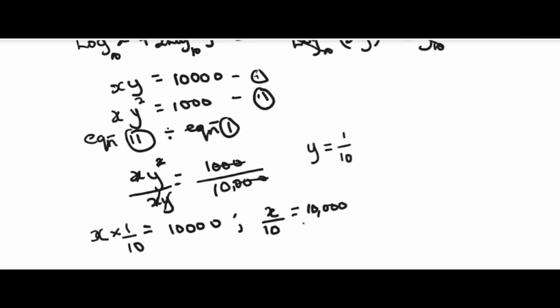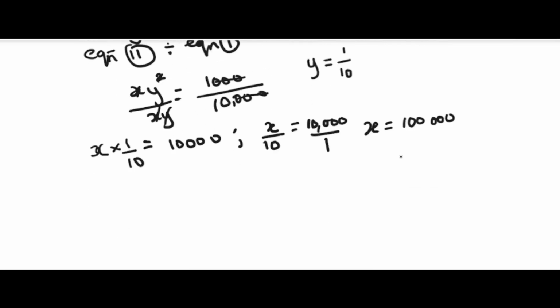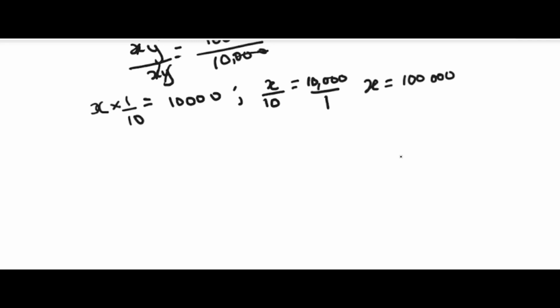So since we are looking for x, we'll cross multiply. And when we do, x becomes 100,000. One more zero will be added. Right? Okay, so we've gotten x and y. I hope you enjoyed that. So very quickly, the last question before I give you a few to try out yourself.